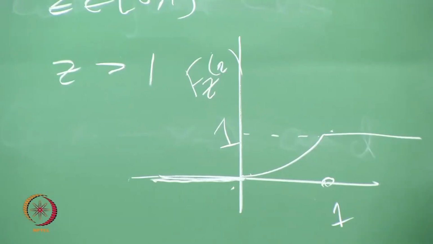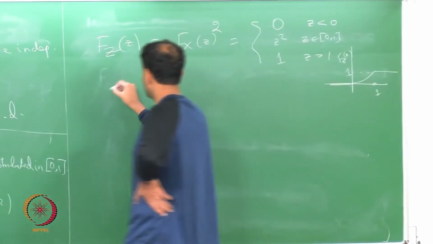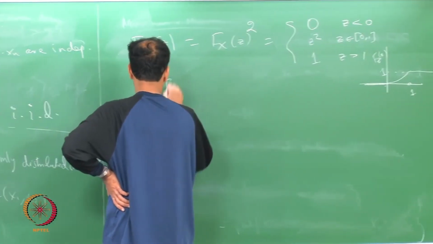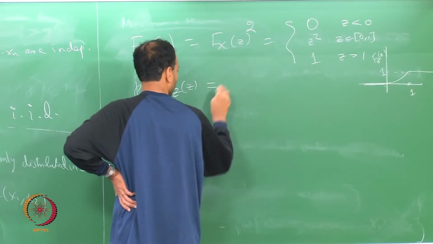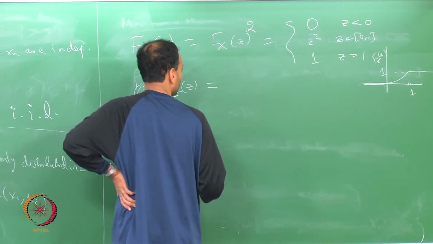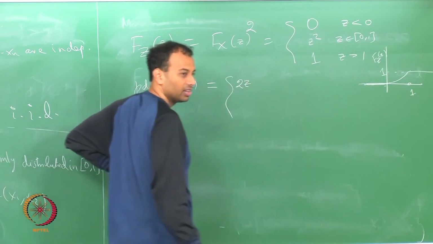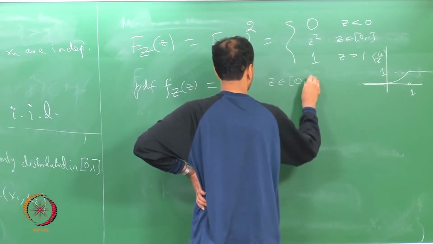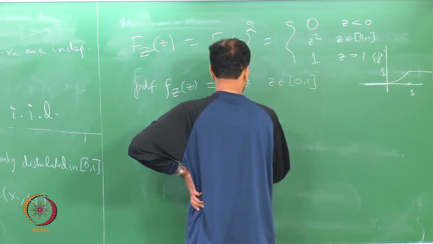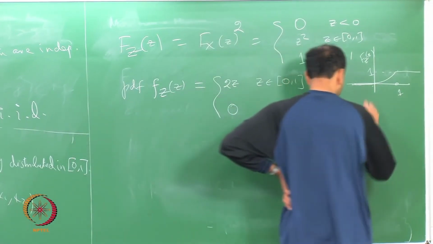After all, x 1 and x 2 are continuous random variables and z also turns out to be a continuous random variable. So, your density PDF f z of little z will be 2 z if z is in 0 1, 0 otherwise.